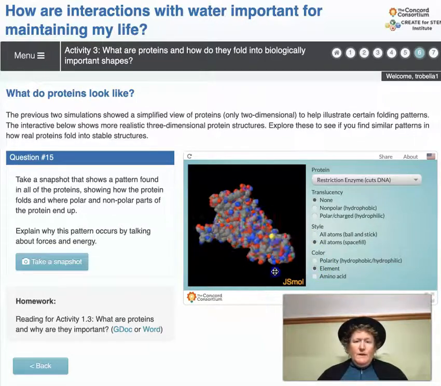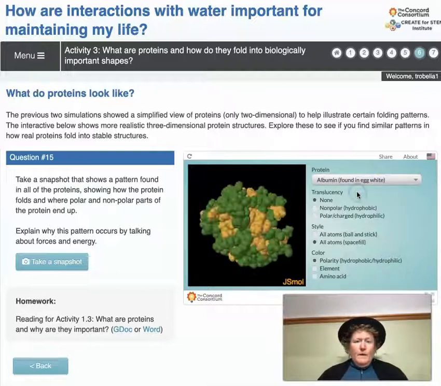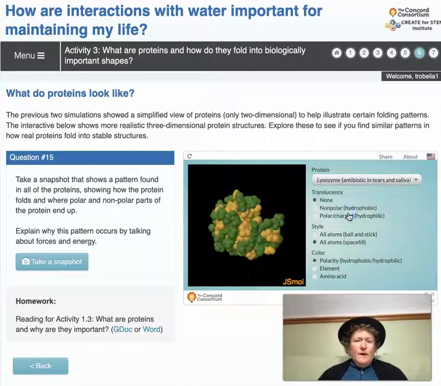And we can rotate that around. Or we can look at polarity. Remember, green is polar and yellow is nonpolar. So if we click through these proteins, are you noticing a pattern of where polar is versus nonpolar?